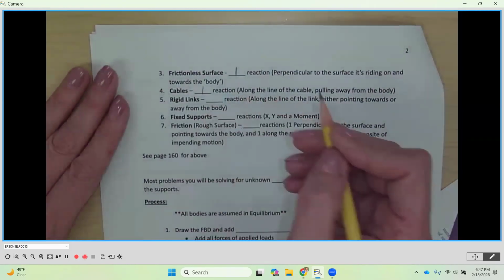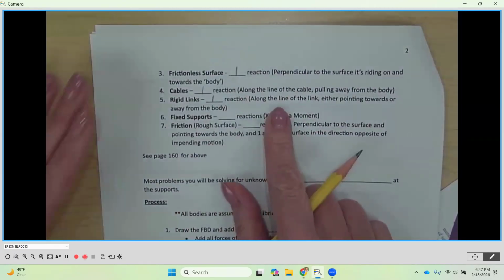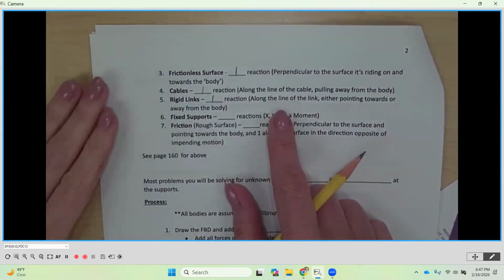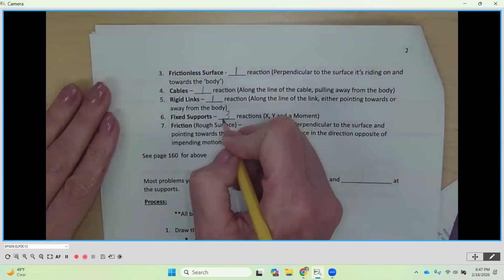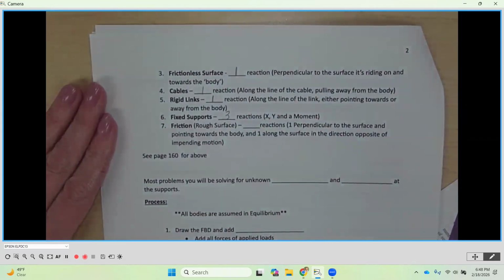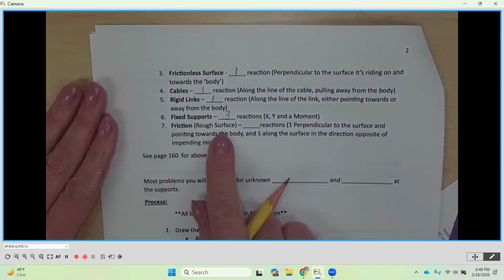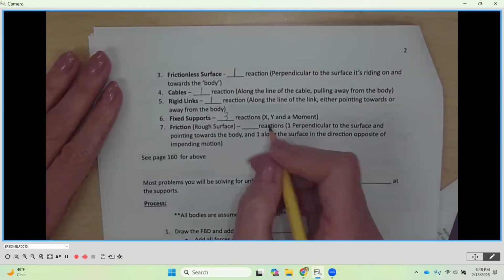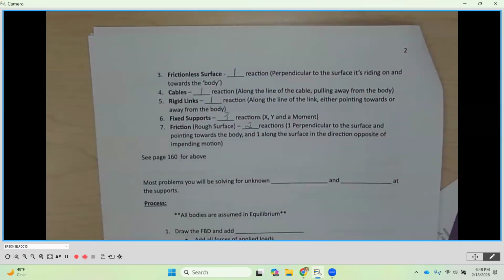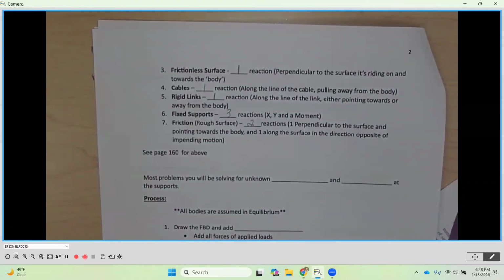And then a rigid link is also one reaction along the line of that link, but it can either be pointing towards or away from the body. A fixed support is going to have three reactions: an X, Y, and a moment. And then a rough surface with friction. That was in the pin category, and that's also going to have two reactions, one for the friction force and one for contact with the surface.